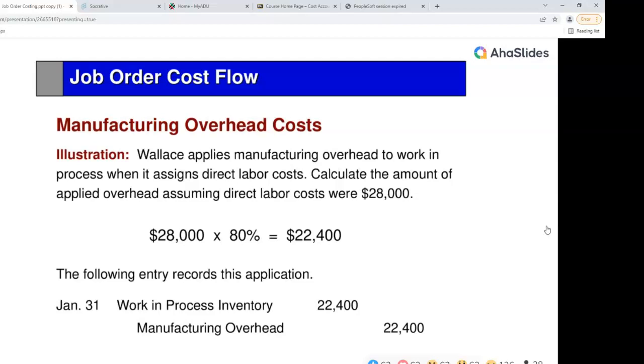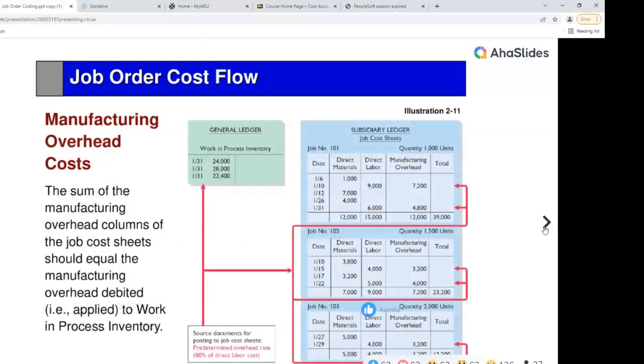But notice, credit, manufacturing overhead. Yeah, a new account called manufacturing overhead. The debit side is where I accumulate the actual costs. The credit side now is where I apply them to the products. So that's the manufacturing overhead account. Here we go now. So it's 80%.